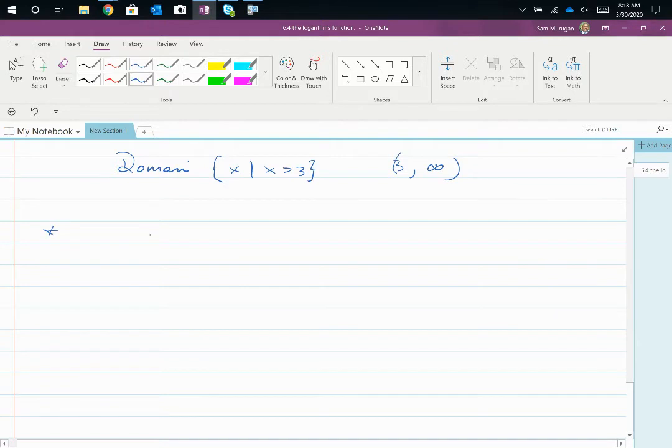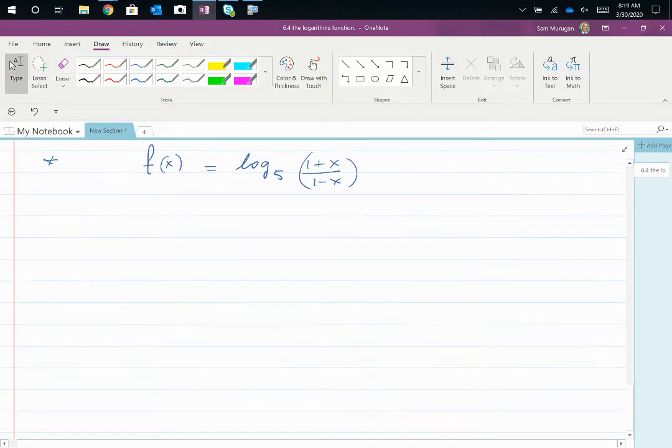Find the domain of f(x) equals log base 5 of (1 plus x) over (1 minus x). So we have an intercept. The x-intercept, from the numerator, is found by setting 1 plus x equal to 0, so x is equal to -1.